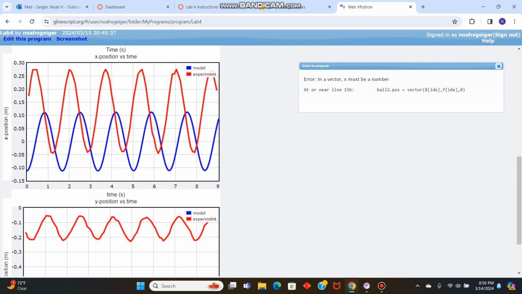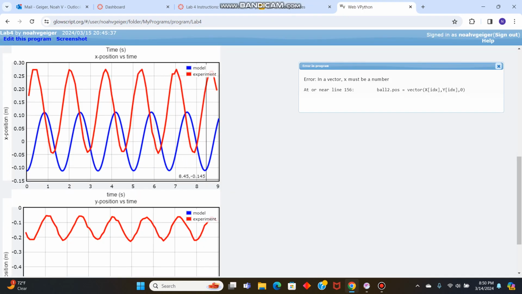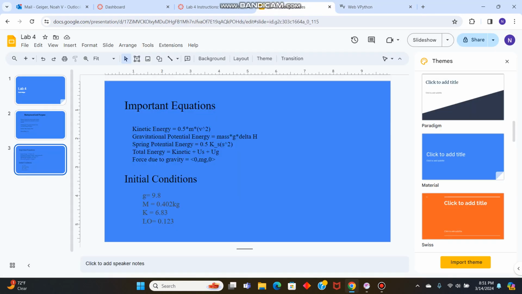The reason why that's important is because period affects calculating the K constant of the spring. So if you were trying to calculate the constant of the spring, say we didn't have this, and we have two different values, it's going to, of course, affect the spring constant, which will affect other things.